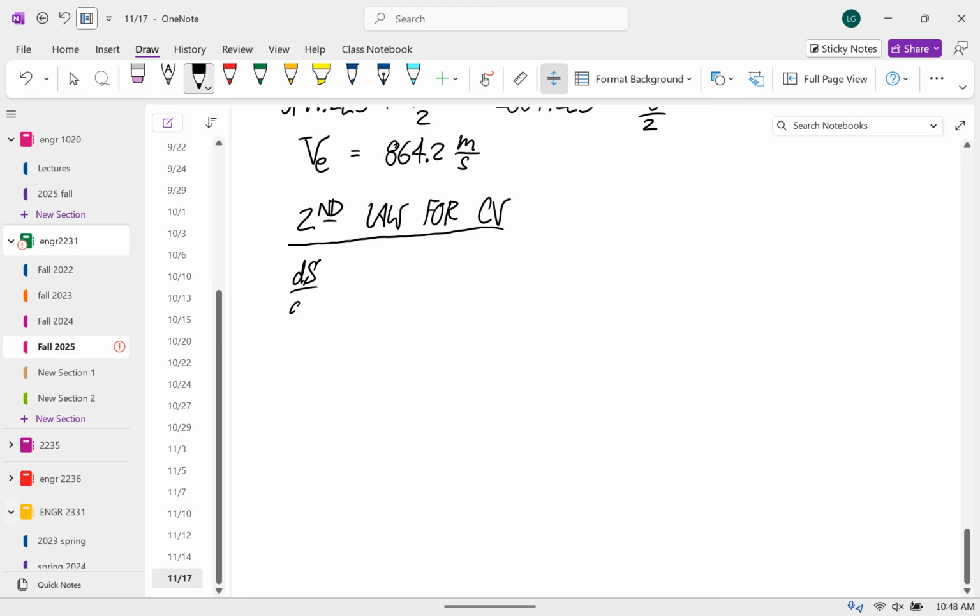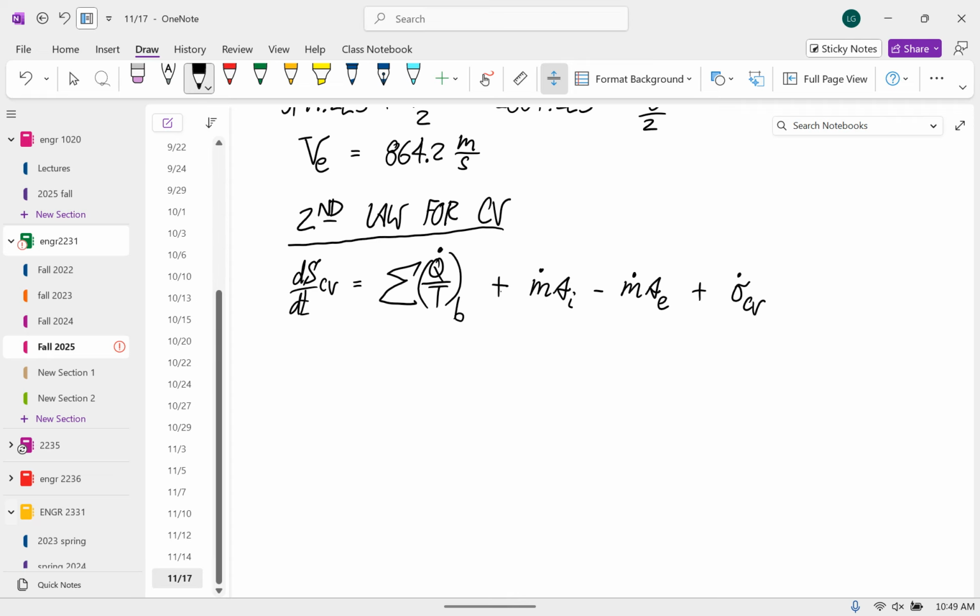So dS/dt is the sum of all the Q dots over T around the boundary, plus m dot times si, minus m dot times se, plus sigma dot for the control volume.